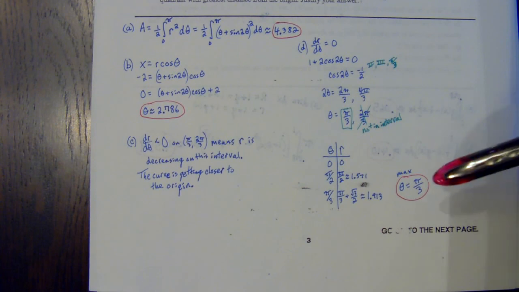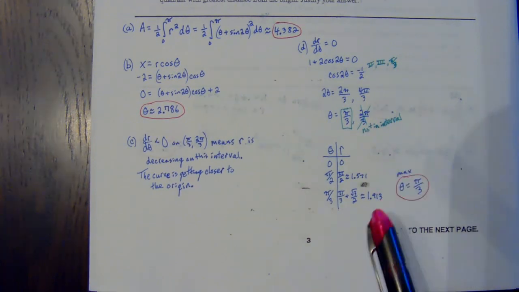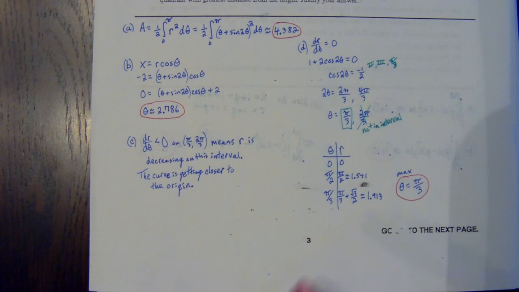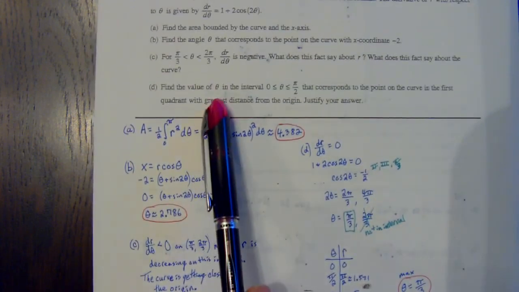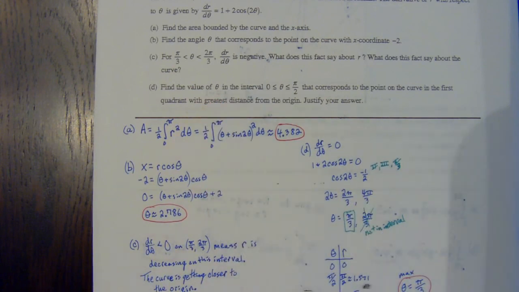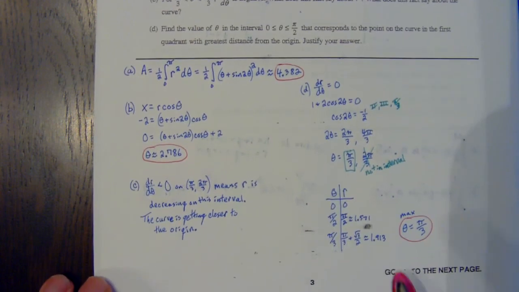Now, if they say what is the maximum radius, that would be the 1.913. If they say where does it occur at, this one specifically says find the value of theta where that maximum distance from the origin is, and that's what the R is. That's the distance from the origin. So once I maximize that R, it says find the theta. So that means my theta is the pi over 3 right there.